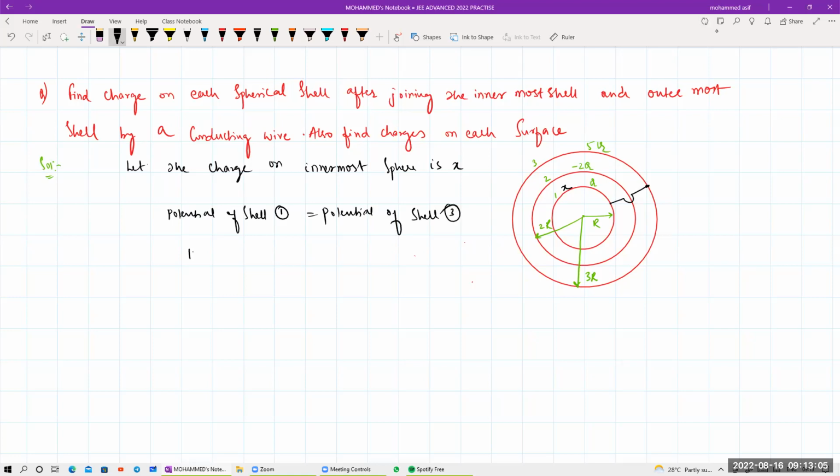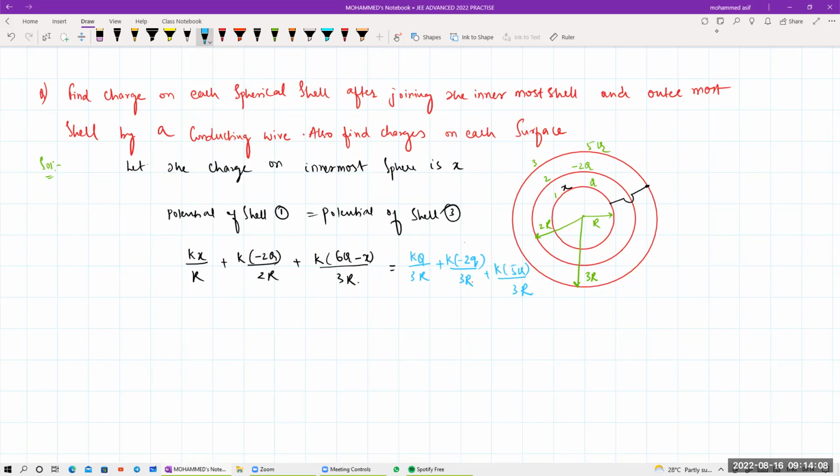The potential of shell 1 is kx/r plus k times the charge on this one, -2Q/2r, plus k times (6Q - x)/3r. Why have I taken 6Q? On the outer part the total charge is 5Q and it is always conserved, so with the minus x it should again be 5Q. This must be equal to the potential due to shell 3, which is kQ/3r plus k(-2Q)/3r plus k(5Q)/3r.